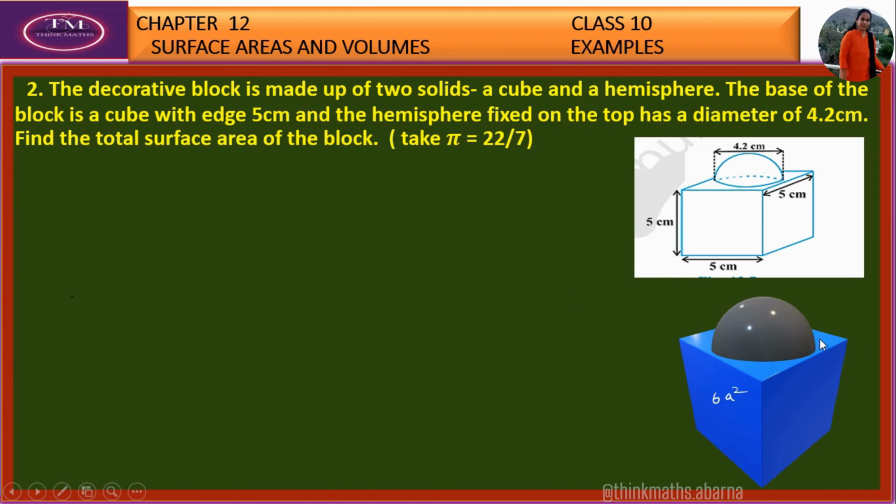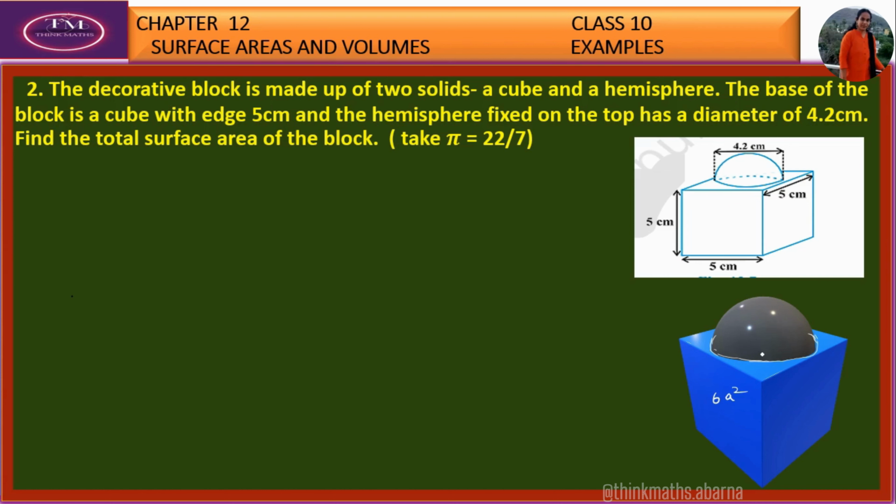This surface area, that is the base area of the hemisphere, will be avoided. So this will not be included. We can see only one side in this. I will show you using the Rubik's cube.